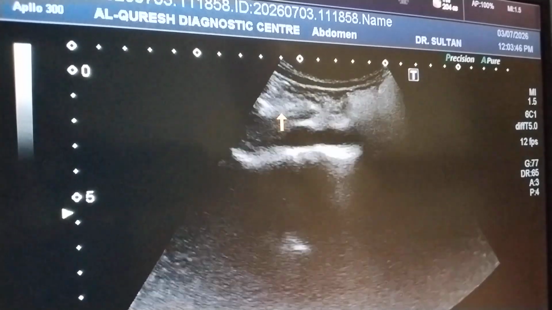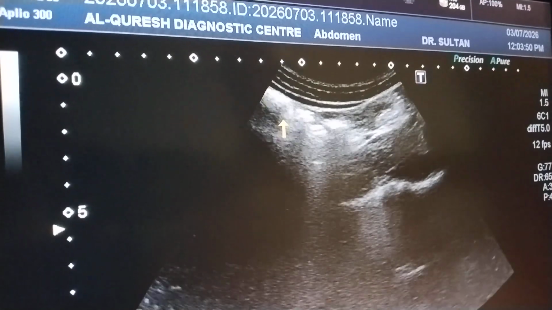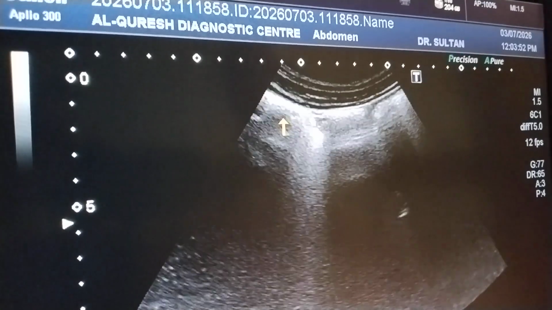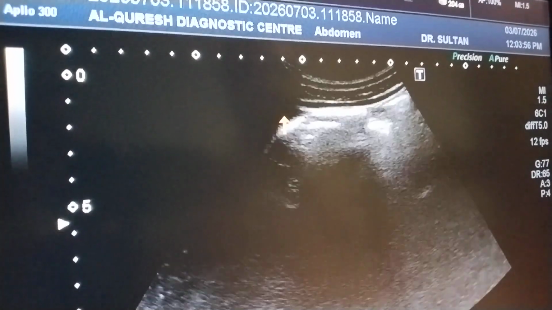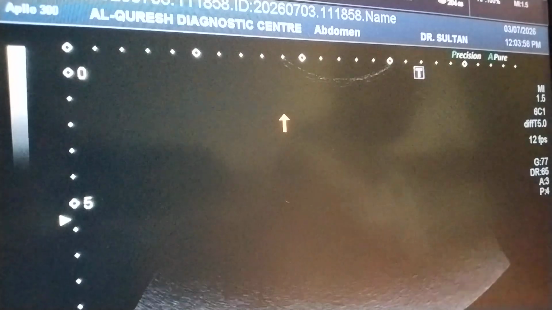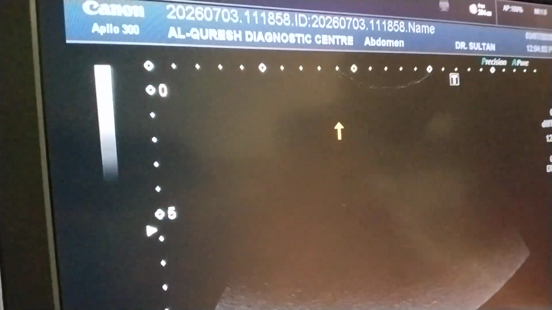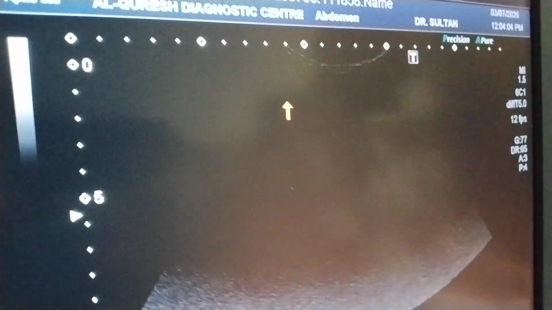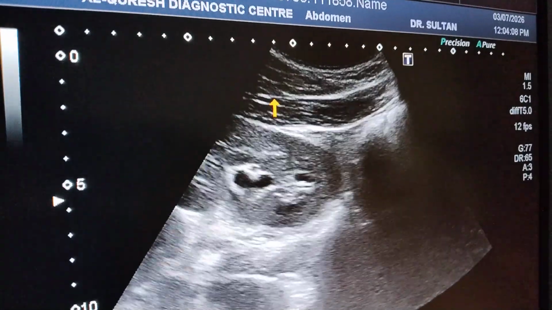Another method: we can ask the patient to adopt the prone position when we are going to trace the right ureter. So I am asking the patient to adopt the prone position. Patient has adopted the prone position.